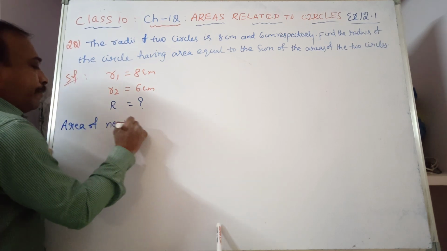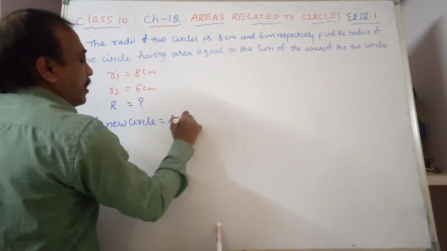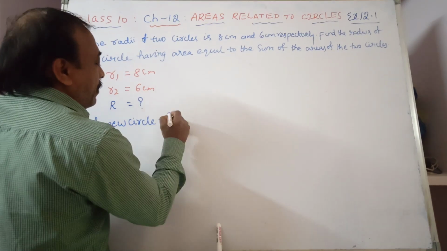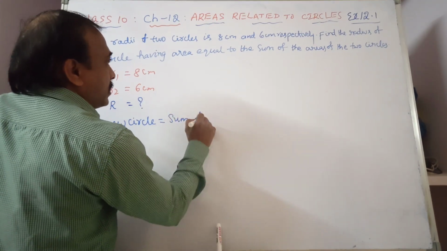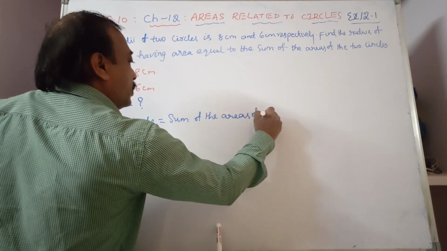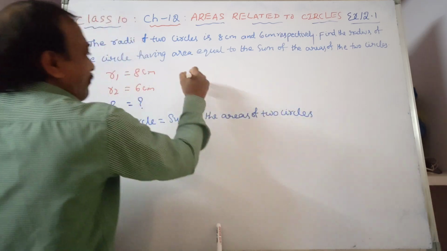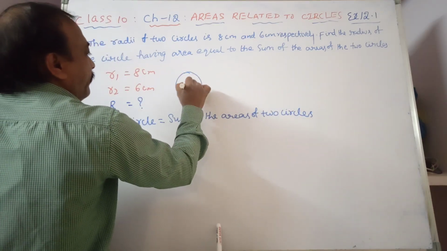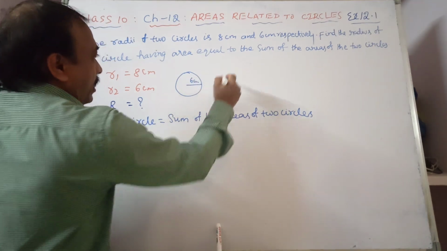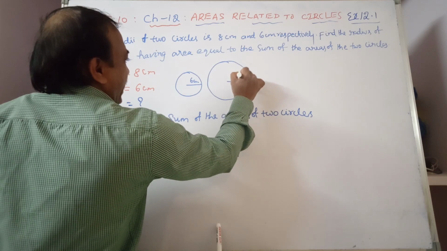So the area of the new circle is equal to the sum of the areas of two circles. Here one is a smaller circle with 6 centimeters radius, and one more a bigger circle with 8 centimeter radius.